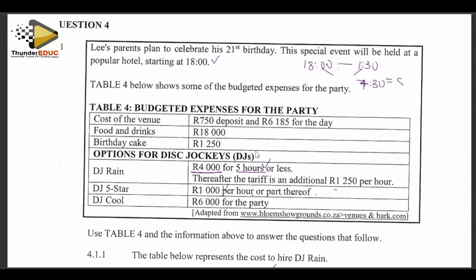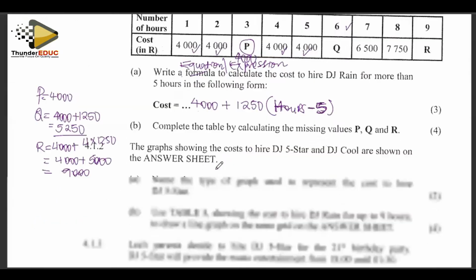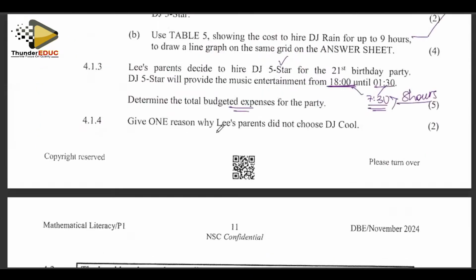So we are saying these are 8 hours. How much will the DJ ask? The DJ will ask for 8 hours times 1,000. So you calculate that much, then add on these other values here. We are looking at budgeted expense, not exact use.